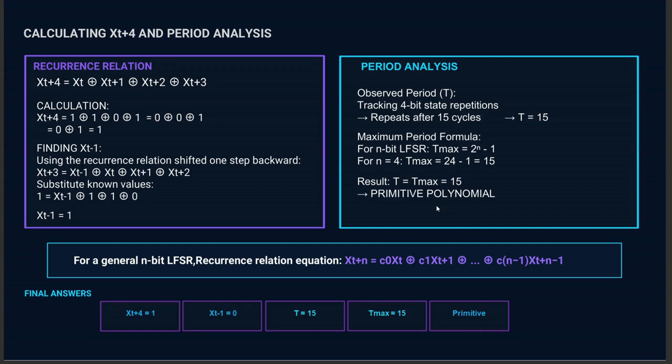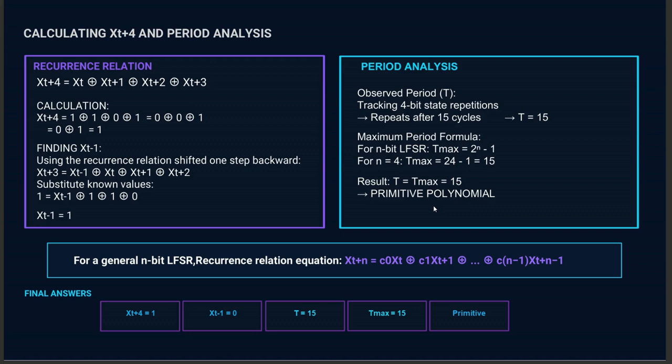Primitive polynomials are extremely important because they can generate a long pseudo-random sequence, with better statistical properties and improved unpredictability. Maximum length LFSRs are widely used in stream ciphers, spread spectrum systems, scrambling circuits, error testing, and pseudo-random sequence generators. The longer period makes the sequence harder to predict and reduces repetitions.